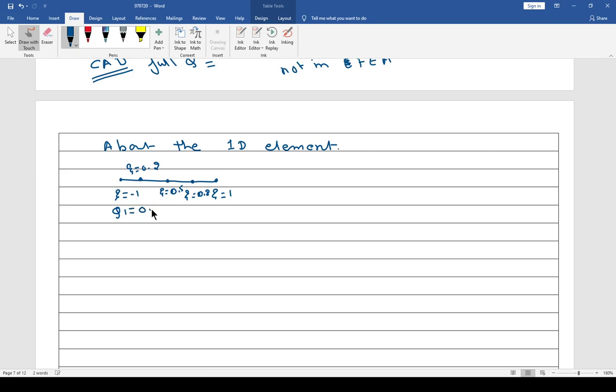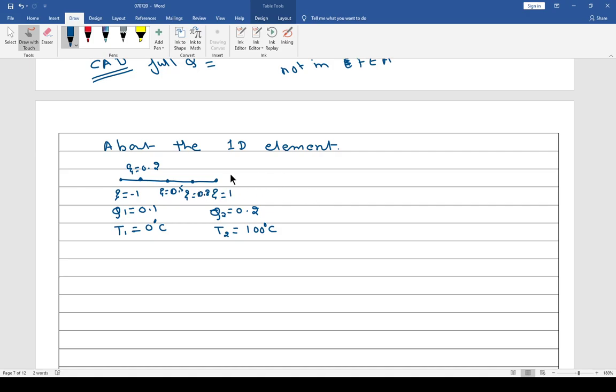Let us say here displacement is 0.1 and temperature is 0 degrees Celsius, and here displacement Q2 is 0.2, and temperature at this location is 100 degrees Celsius. Now the challenge is to find the temperature at xi equal to 0.2, 0.5 and 0.8. This is the task.